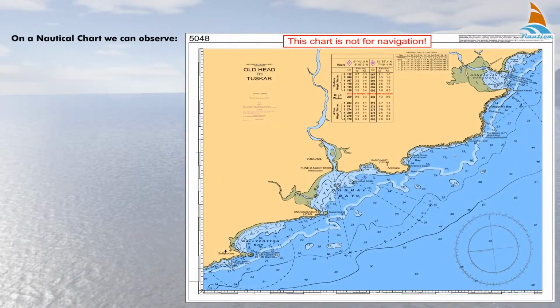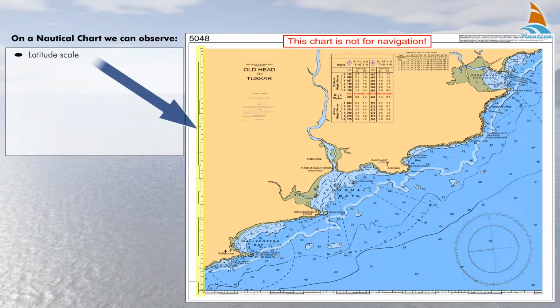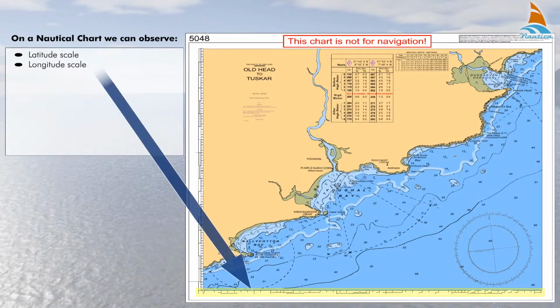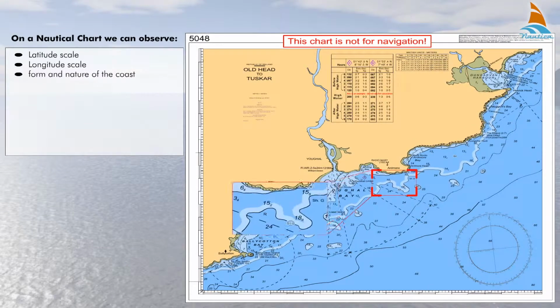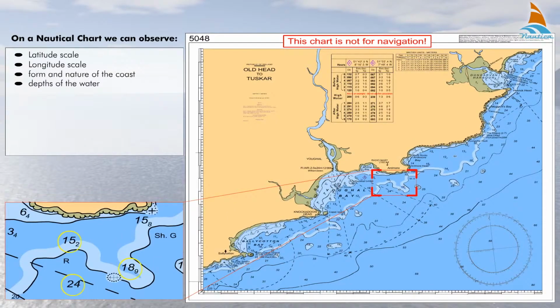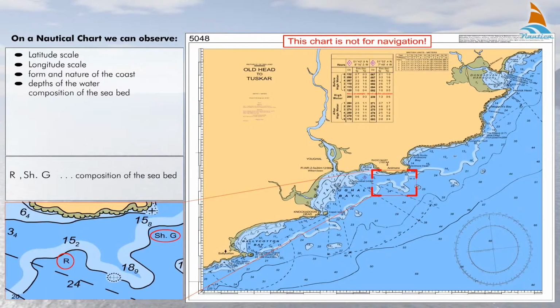On a nautical chart, we can observe the latitude and longitude scale, the form and nature of the coast, the depths of the water and composition of the seabed, locations of dangers to navigation.